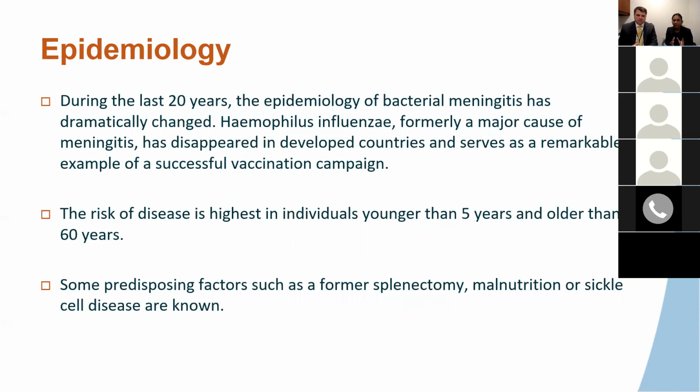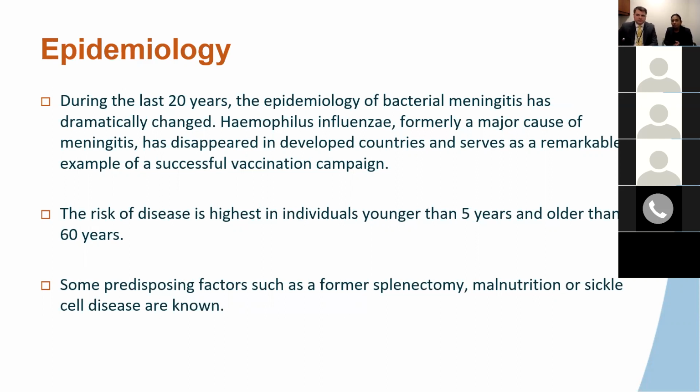It was a major pathogen, but since we started vaccinating for Haemophilus influenzae type B, this has come down really nicely. Now we see non-typeable Haemophilus influenzae species, but they don't cause meningitis the way type B used to. Thankfully we have a vaccine that prevents meningitis and other complications from Haemophilus influenzae.